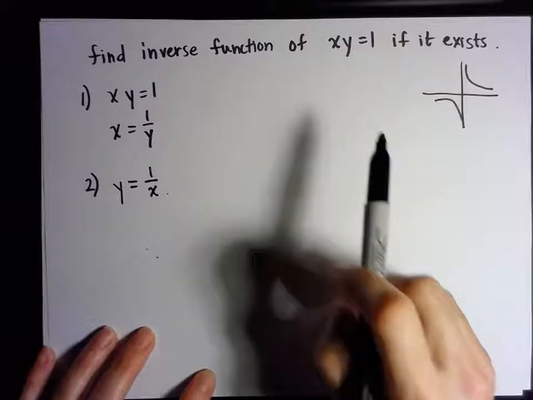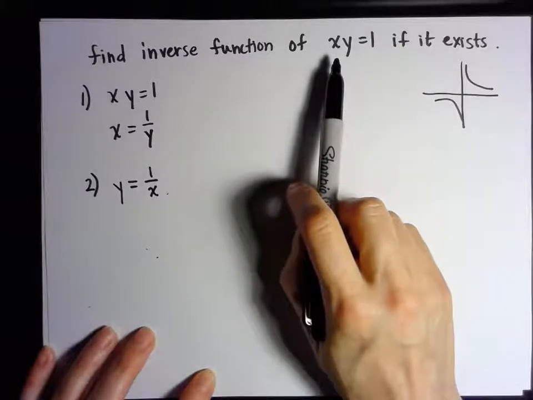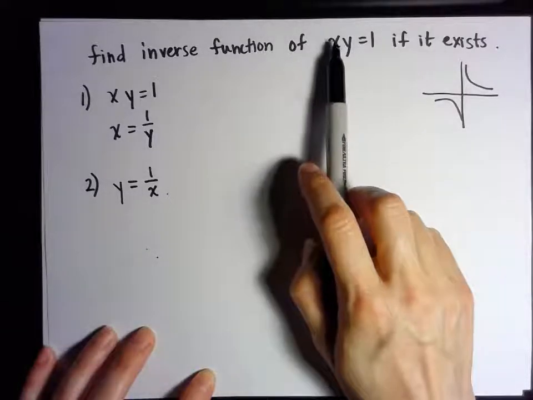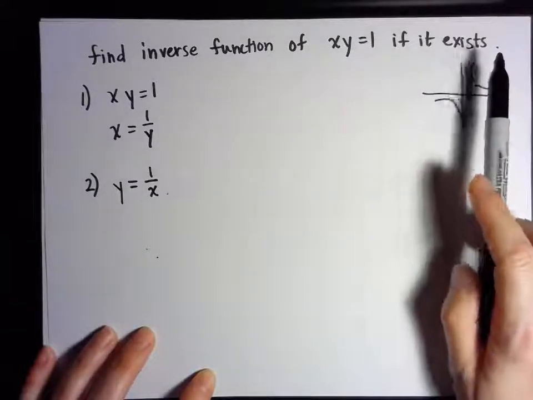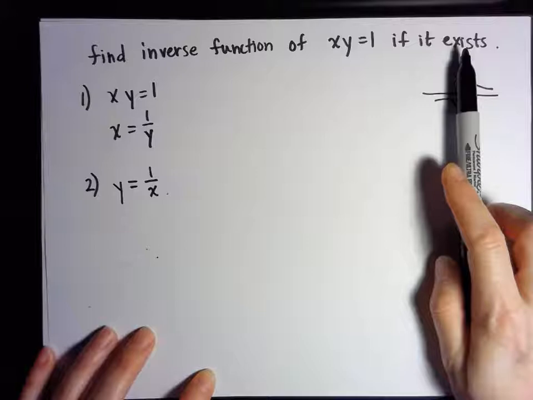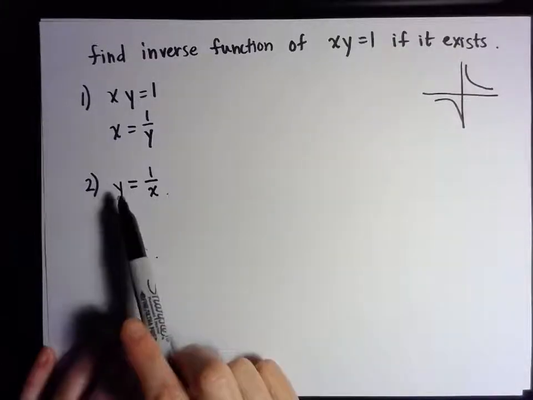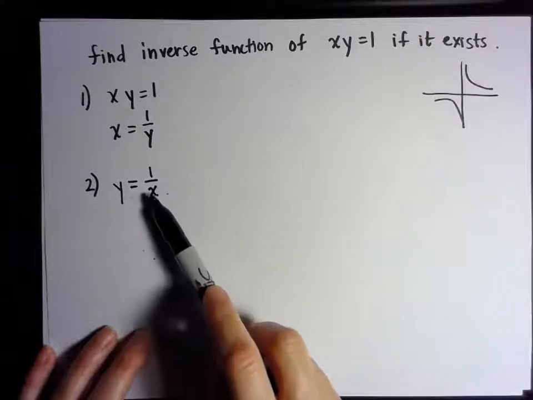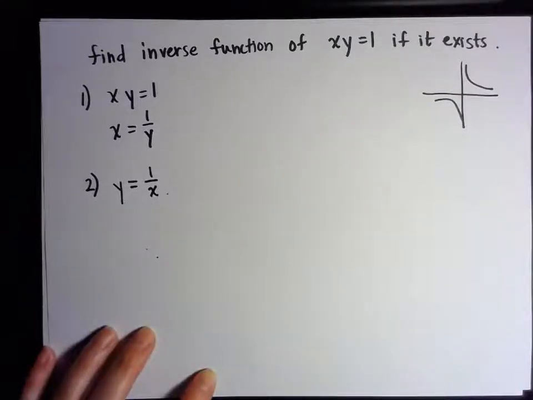So notice that this xy equals 1 has an asymptote at y equals 0. This one's going to have an asymptote at x equals 0.